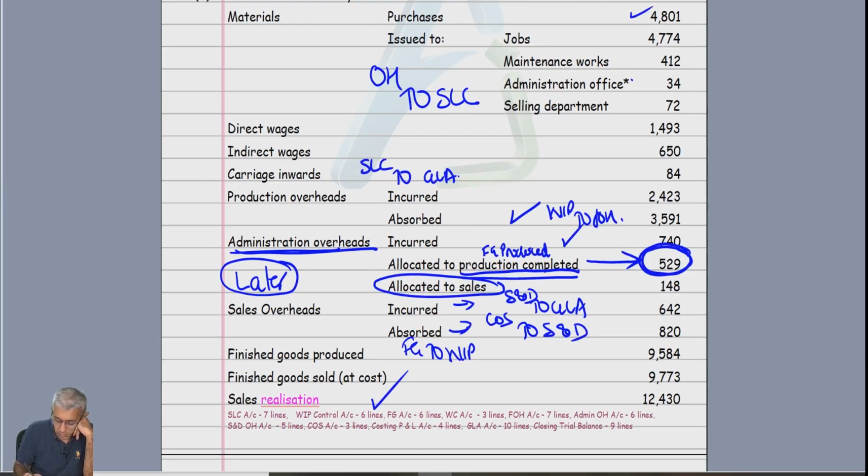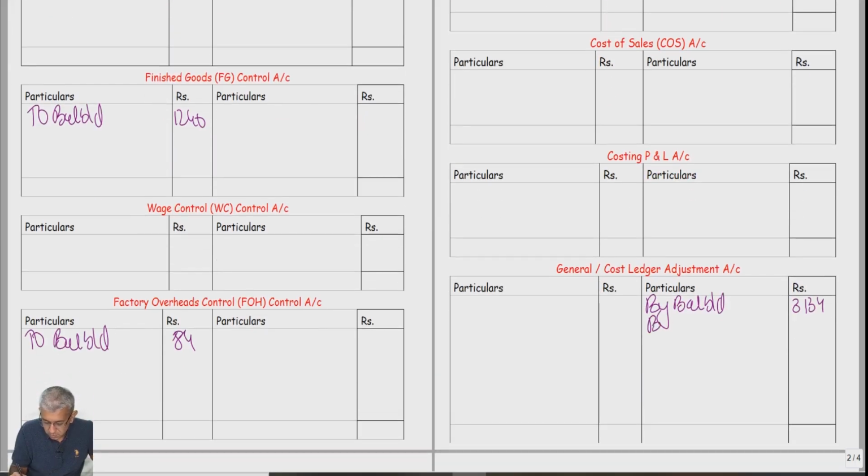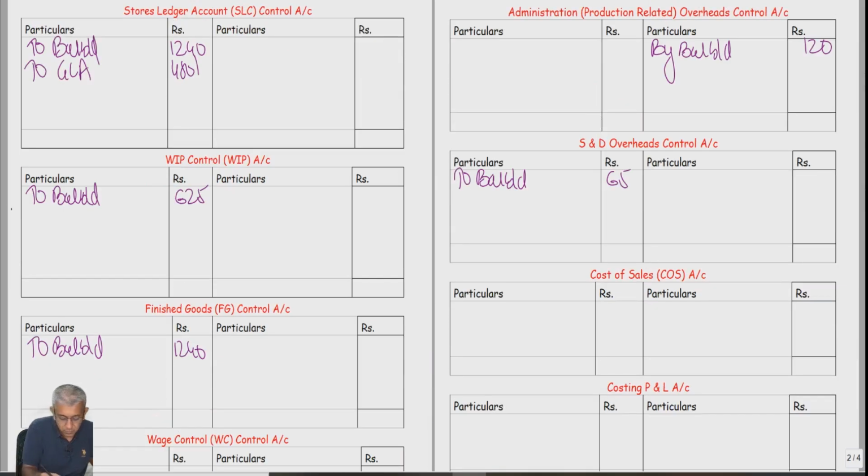First, purchases: SLC to GLA 4801. Jobs 4774. Jobs means your WIP. So by WIP 4774.